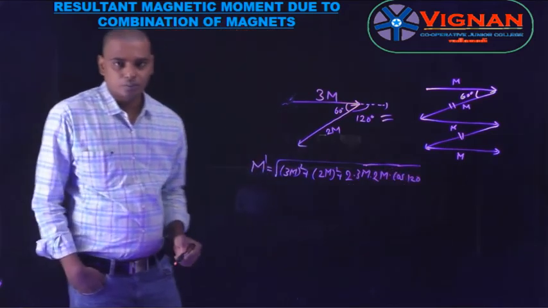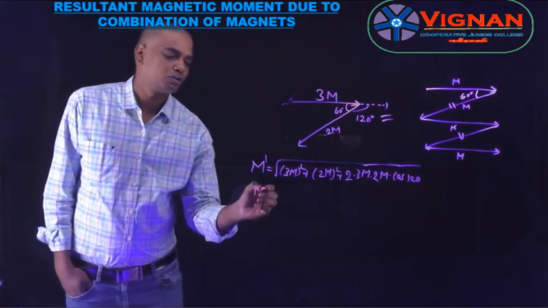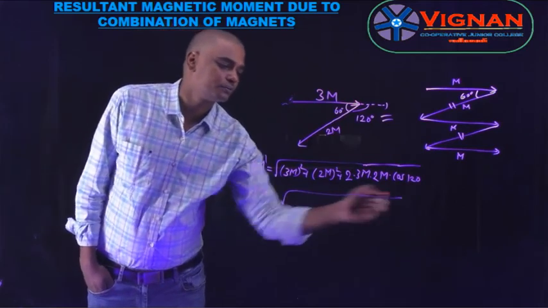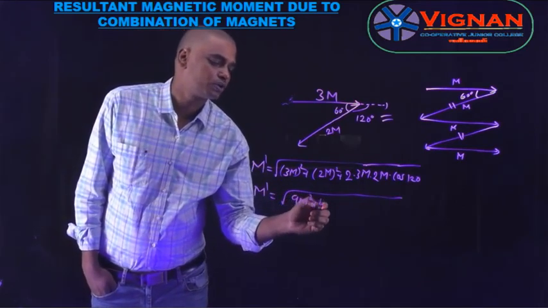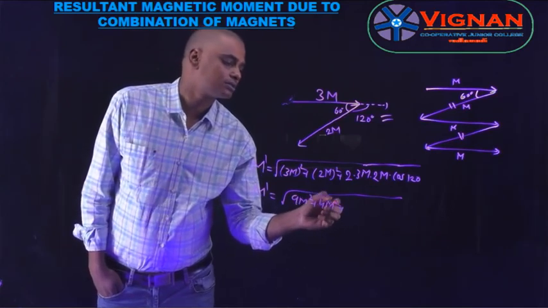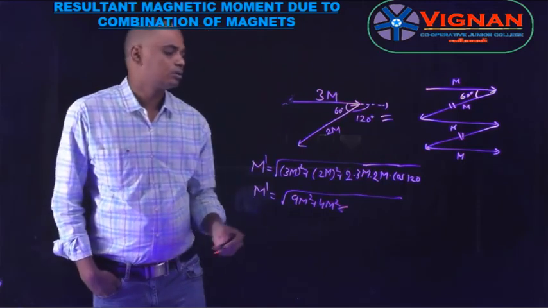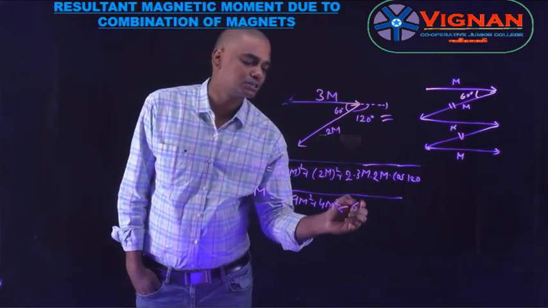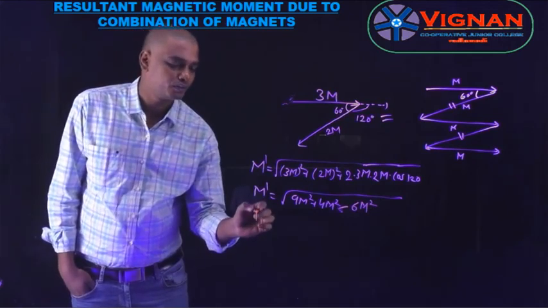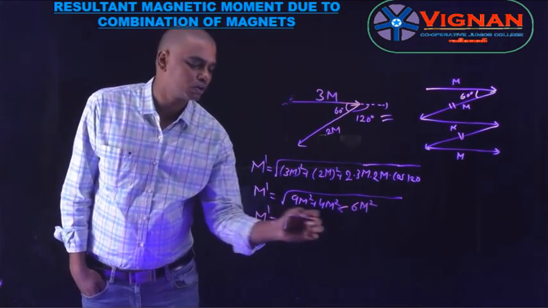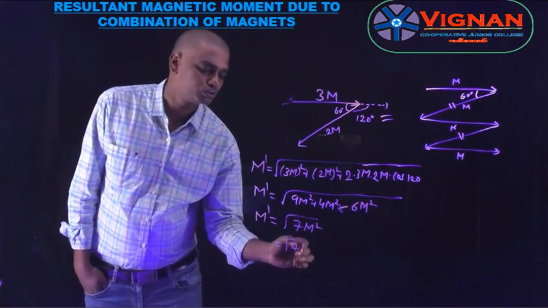That is root over M1 square plus M2 square plus 2 M1 M2 cos theta. So M dash is equal to root over 9M square plus 4M square plus, cos 120 is minus 1 by 2, 2 gets cancelled, 3 2s are 6 M square. By simplifying the equation we get M dash is equal to root over 7M square, that is equal to root 7 M.